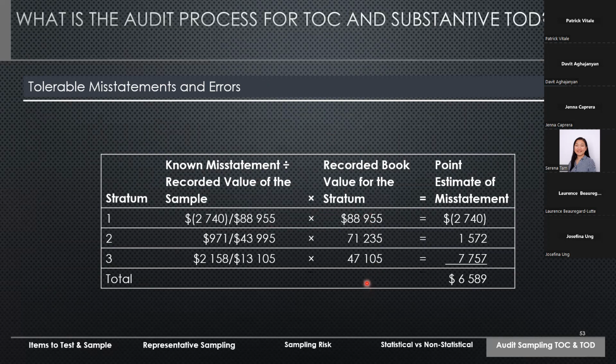Your tolerable misstatement, let's say in the question it tells you it's like 10%, based on the question. Well, that would be like $20,000. Then your point estimate would be 6.5K, which is less than the amount. So then it's fine. That's how you would look at it.